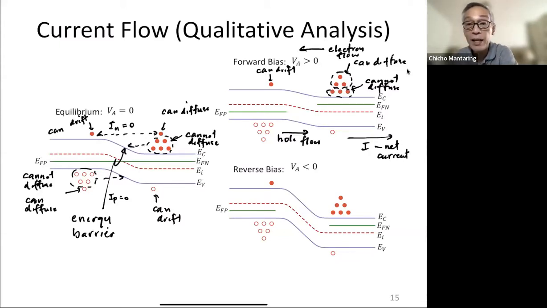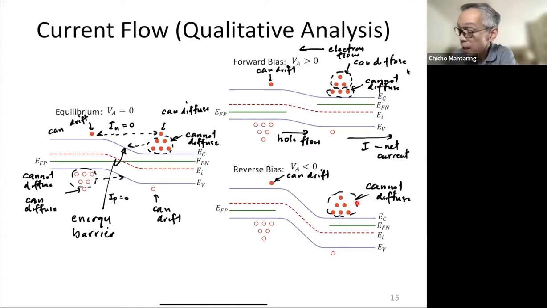Okay, ano mangyayari ngayon pag naka-reverse bias? Okay. So that ito, makaka-diffuse pa rin, makaka-drift pa rin to. So this can drift. Okay, but now, all of this now cannot diffuse.